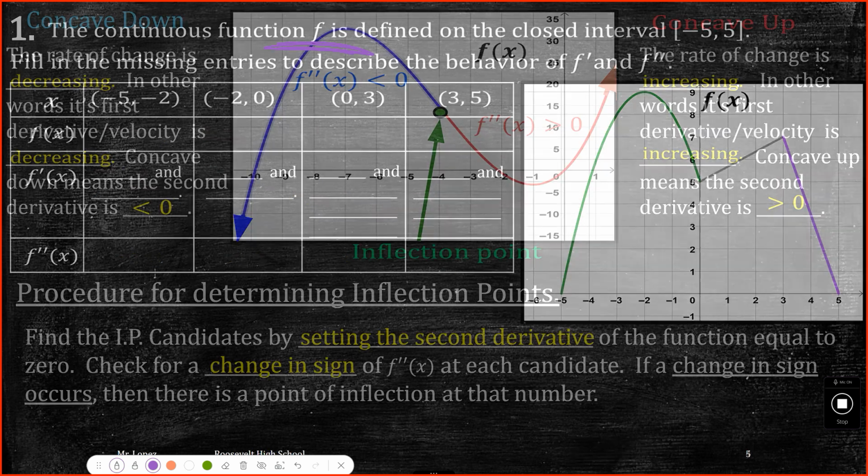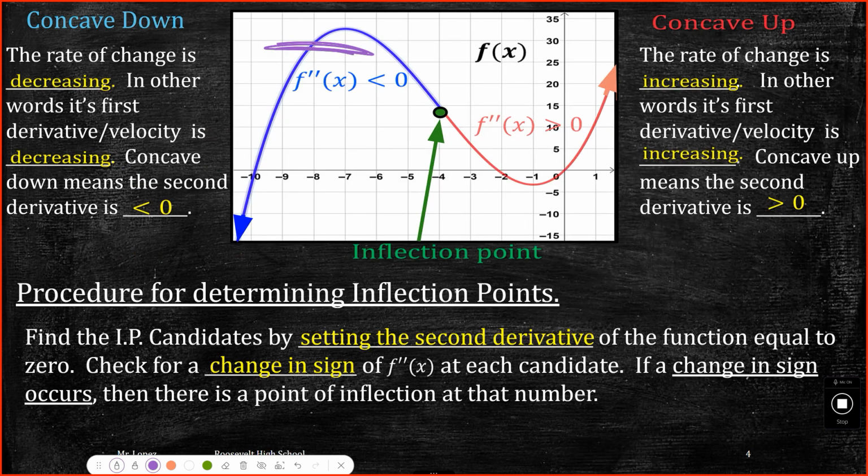Look, let's go back. To find the intervals of concavity, this is concave down, and this is concave up. So you have to go all the way to what? Find the inflection point candidates, by setting the second derivative of the function equal to 0. Then you check for a change of signs.